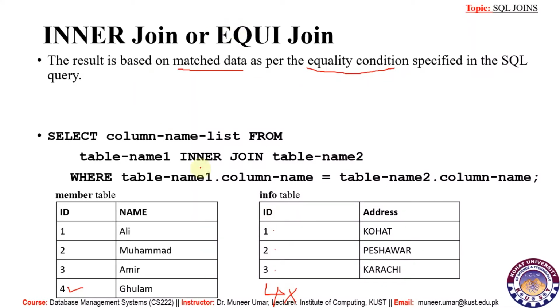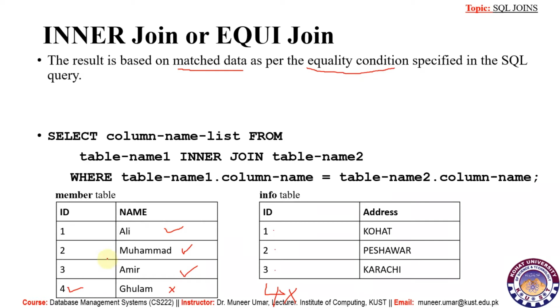So if we match these IDs, then we will get records for Ali, Muhammad and Amir, but there will be no association for this instance, number 4, Ghulam. So as per this inner join or equi-join, we can get the matched data, and here the matched data is the data for these three tuples.